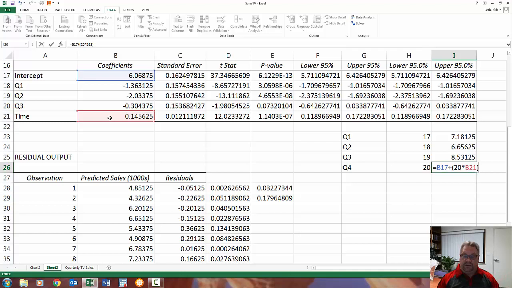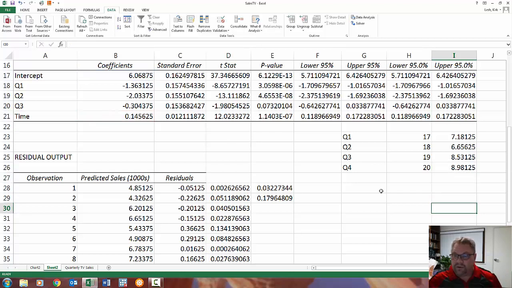Right, because for Q4, the dummy variable for Q1 is 0, the dummy variable for Q2 is 0, and the dummy variable for Q3 is 0, right? So that would be the formula I would use to forecast my Q4, and things should work. There you go. All right, good job, Excel. There would be my forecast.